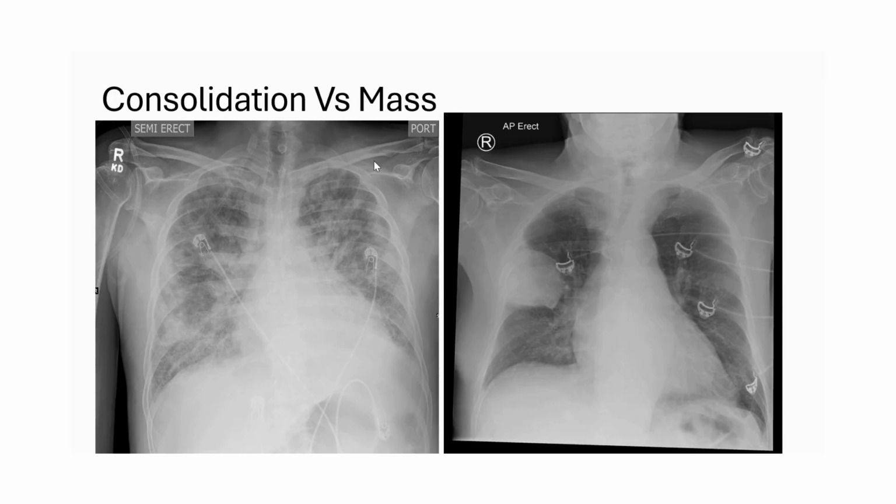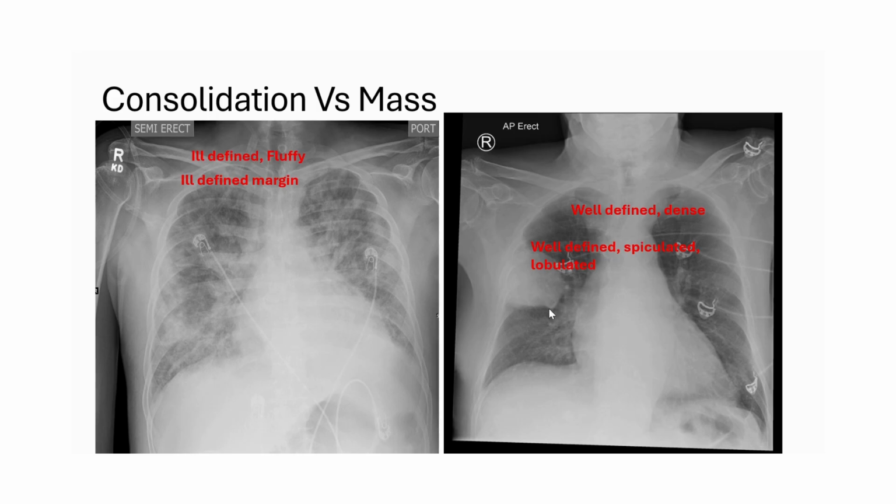Now, consolidation versus mass. So how do we differentiate consolidation from a mass? Consolidation has an ill-defined area with fluffy appearance, whereas a mass is well-defined, solid and dense. Consolidation has an ill-defined margin, as we can see in this image, but a mass has a well-defined, spiculated or lobulated margin.